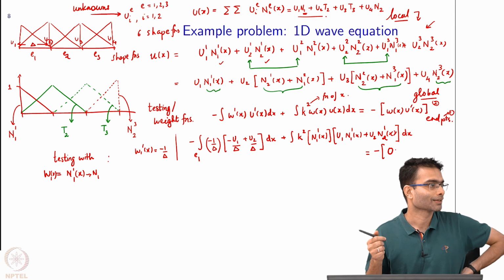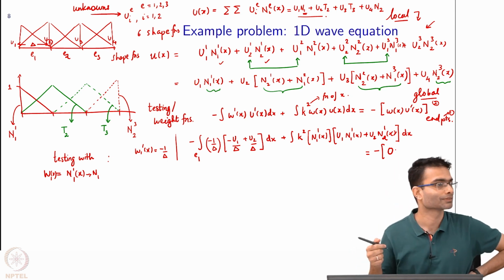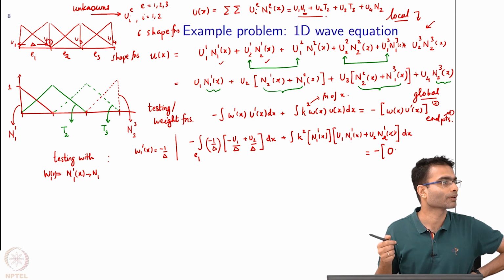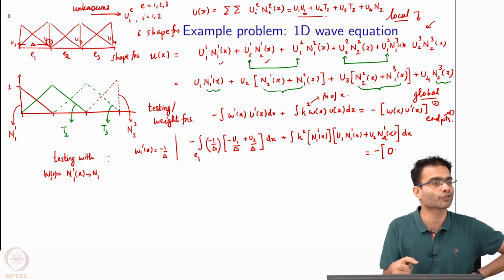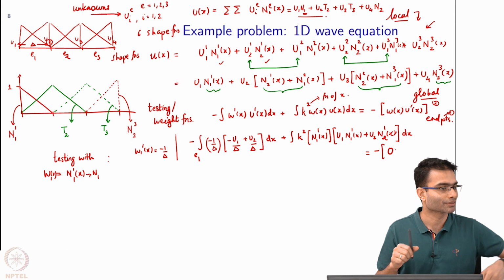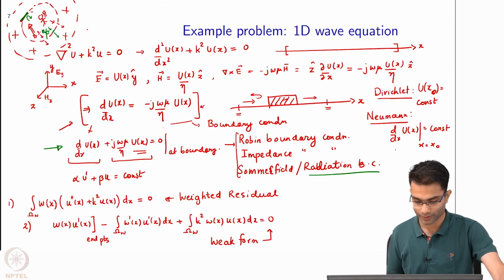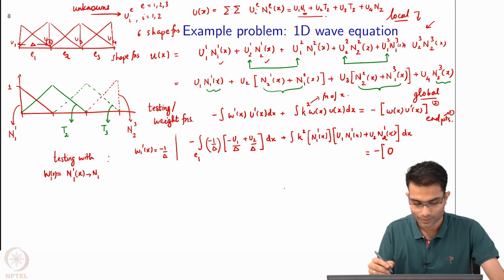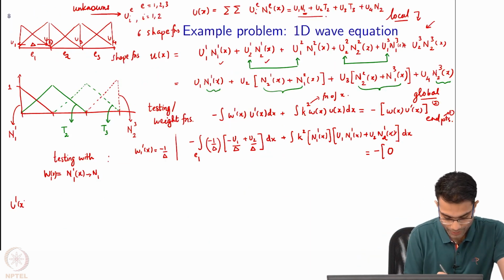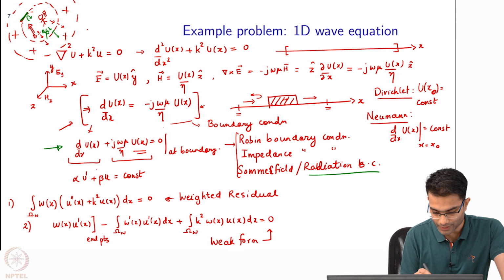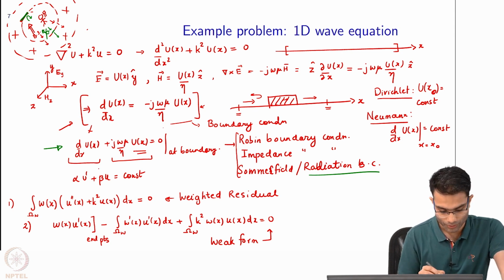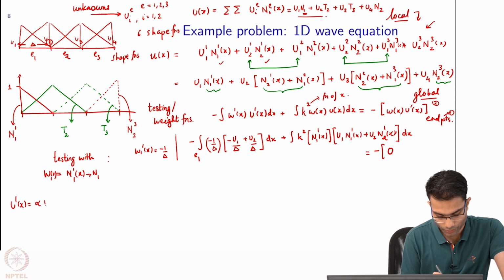Forgetting that, why did I move this term to the right hand side? It should be known. So known is coming from where? Not from the form I have assumed for ux, but from the boundary condition. So what is my boundary condition? Let's go back to it. Boundary condition is u prime x is equal to minus j omega, let's just call this whole term some alpha, so is equal to alpha into ux.